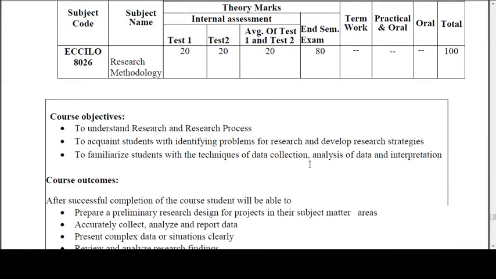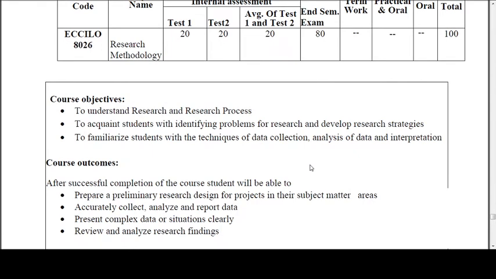Course objective: to understand the research process. That is the first course objective, to understand research and the research process. Second objective of this course, to acquaint students with identifying problems for research and developing research strategies.